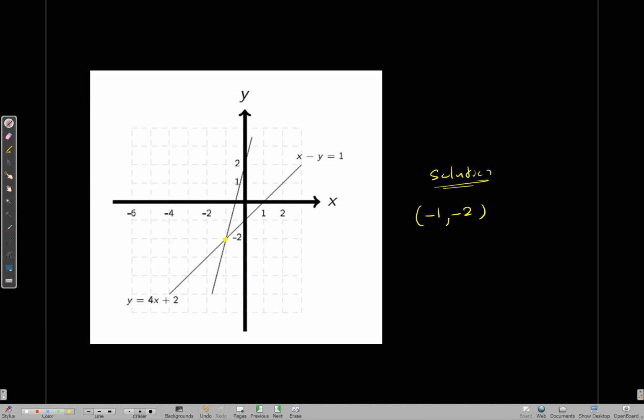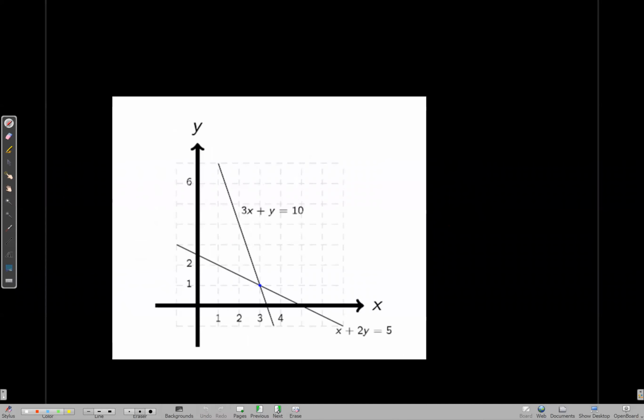Now if your system is like this, this is your system, it can appear like this. So this is your system and the solution is this. So one way is to draw the graph and get your solutions. How about this? Still the same category. This place right here is the solution. In this case, that's 3 comma 1. Solution is 3 comma 1.